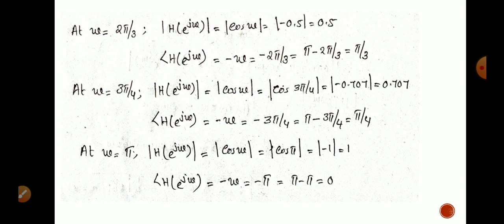At omega equal to 3 pi by 4, magnitude becomes 0.707 and angle equal to pi by 4. Here the magnitudes are negative terms, minus 0.5, minus 0.707. So in this case we take angle as pi minus 2 pi by 3, which gives pi by 3, and pi minus 3 pi by 4, which gives pi by 4. At omega equal to pi, magnitude is given as 1 and angle as 0.